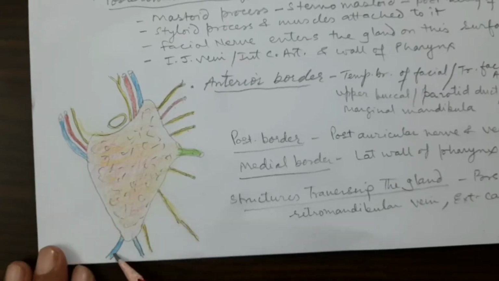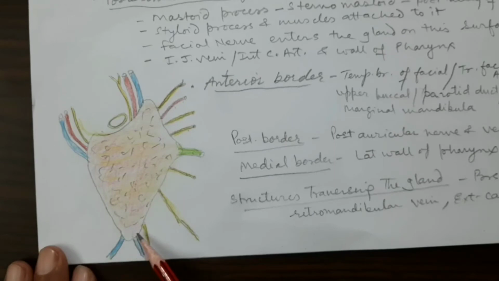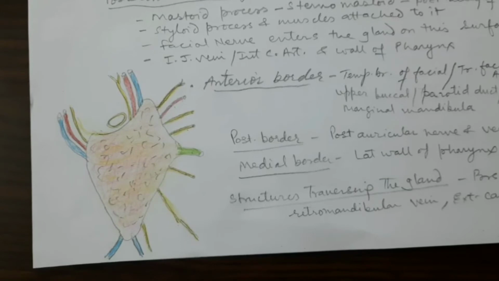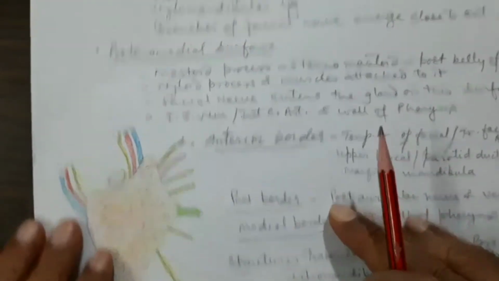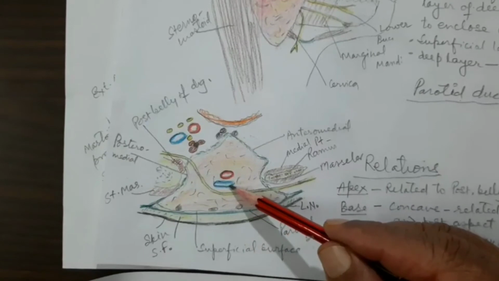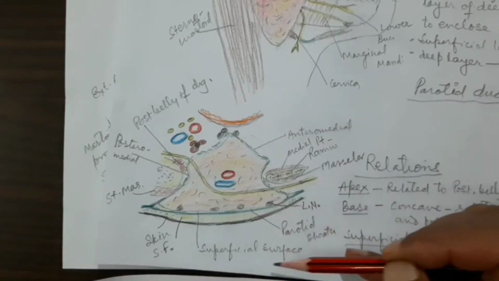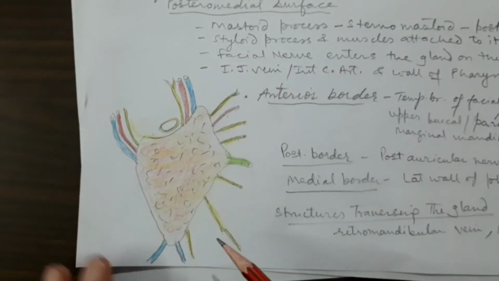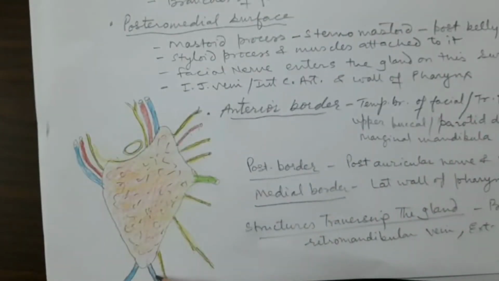Then there is no relation except near the apex, where the anterior border and posterior border are related to the veins, which are the anterior and posterior divisions of the retromandibular vein. And where was the retromandibular vein? This was deep inside the substance, and it will divide into anterior and posterior divisions lower down. So these are the anterior and posterior.